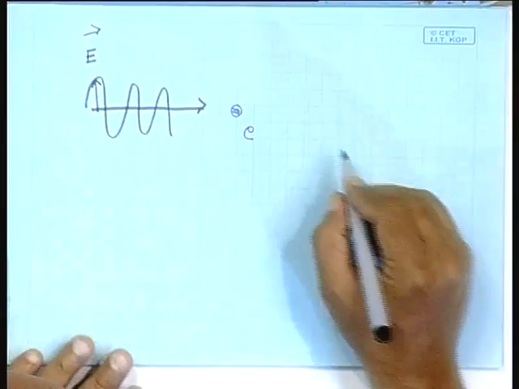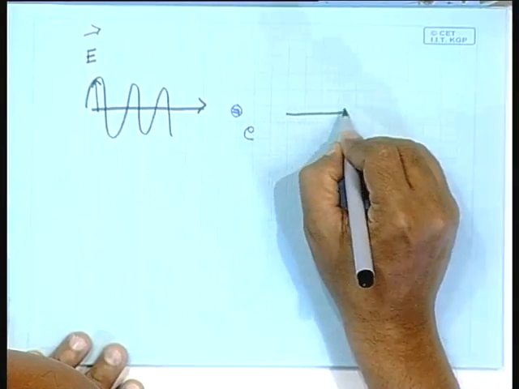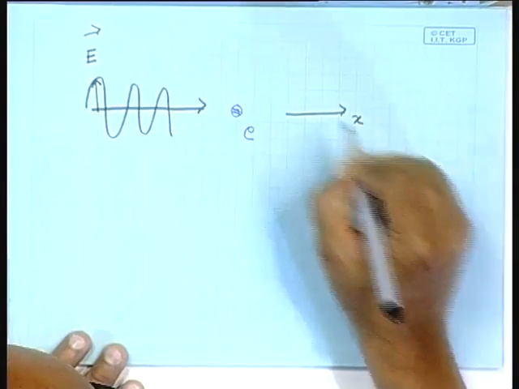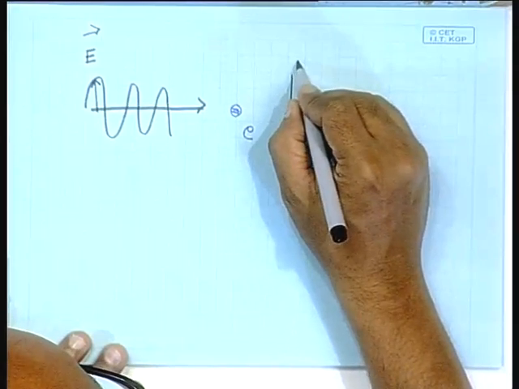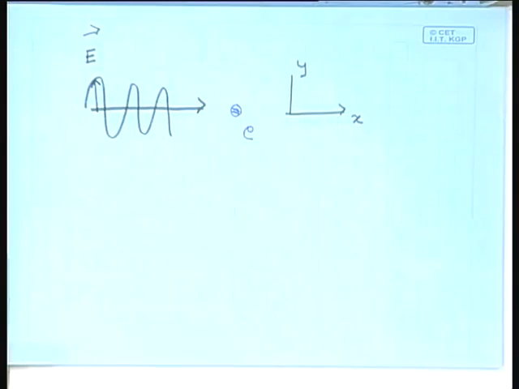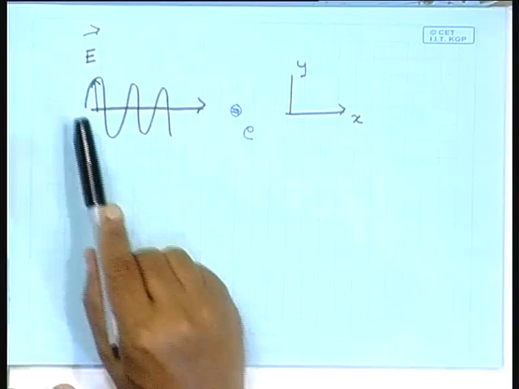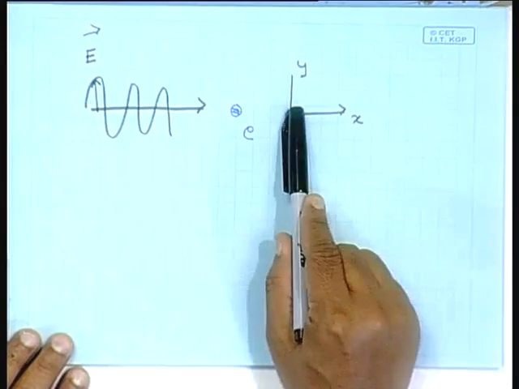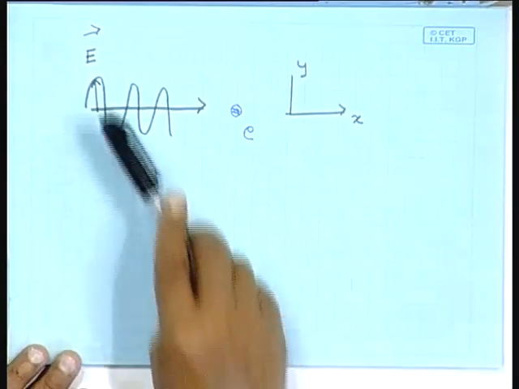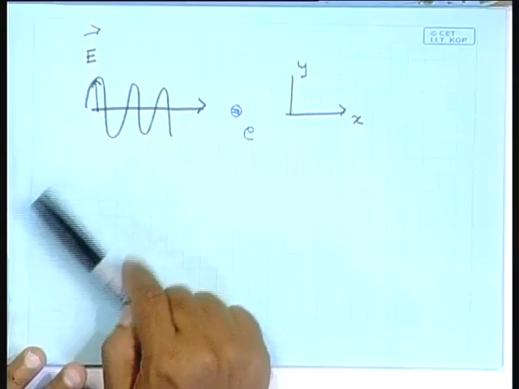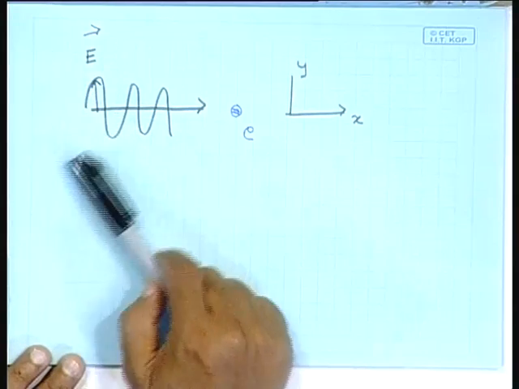Let us choose axes to simplify the discussion. So, this I am going to call the x axis, this the y axis, and the z axis is perpendicular to the plane of the paper coming outwards. And the radiation is incident in the x direction. So, the electric field of this radiation could be anywhere in the yz plane.